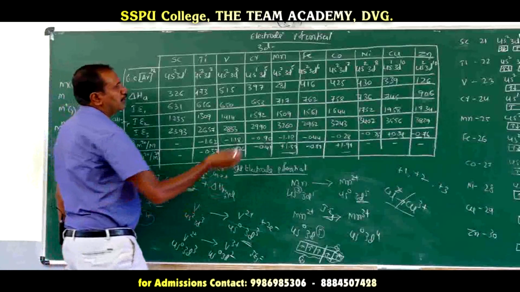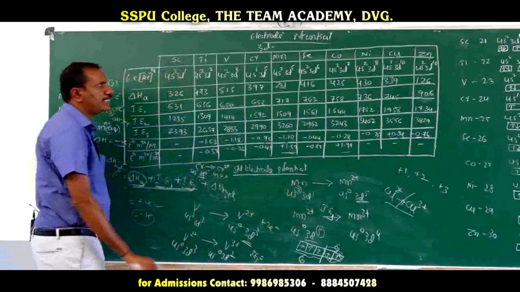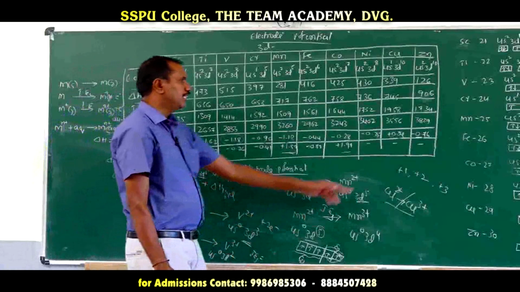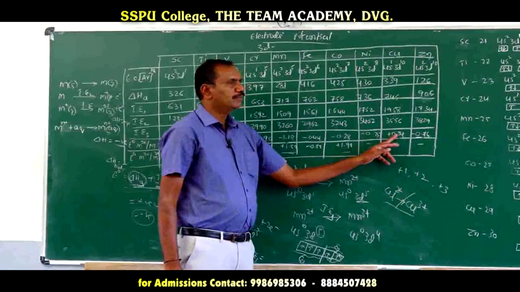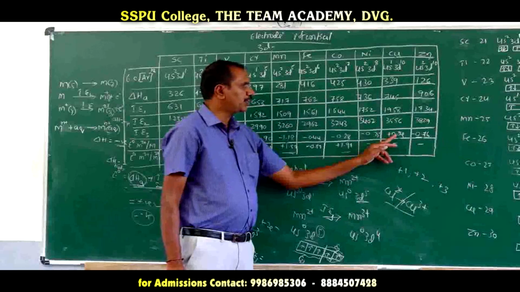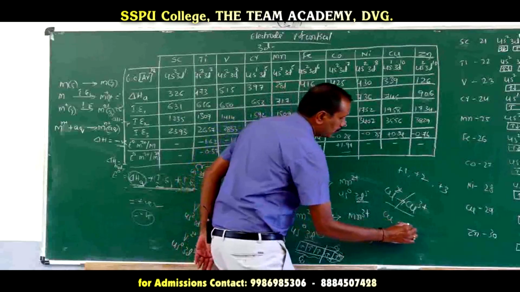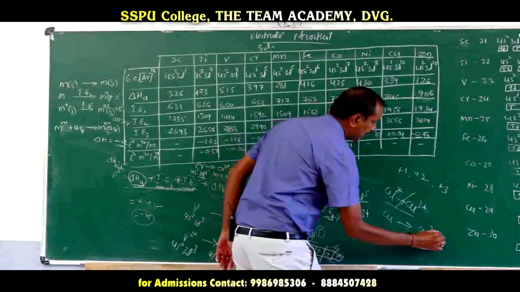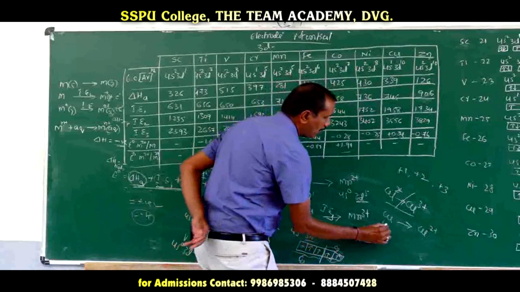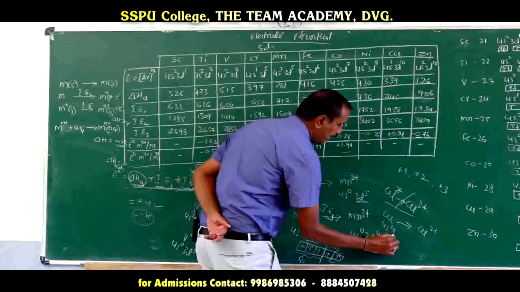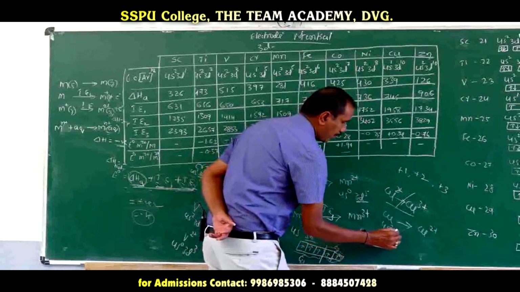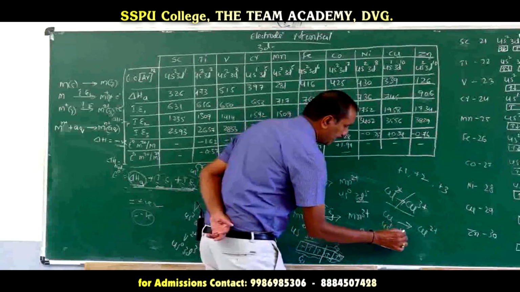Okay. So like that, copper and zinc. Zinc is negative, but copper is positive. Why is the copper SRP positive? Cu should become Cu2+. Cu configuration is 4s1 3d10.